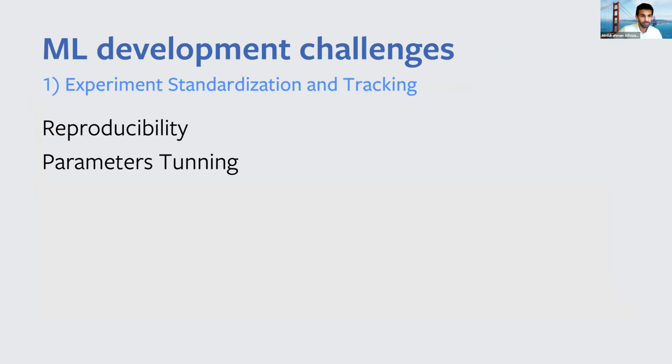All right, so I'm going to just summarize 3 challenges in development. A big one that most of you maybe have faced, I personally used to face this a lot too, and I still do, is the issue of reproducibility.